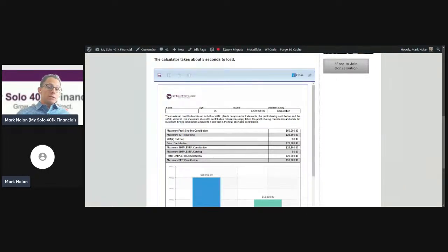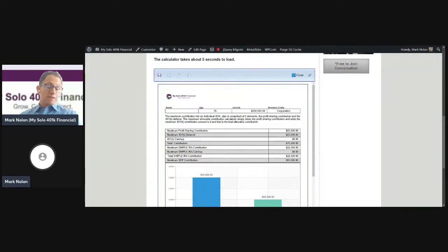Well, you can't contribute more than the allowed contribution amount for tax year 2025, which is $70,000. So even though this figure totals $73,500, you can only contribute a total of $70,000 in total contributions, both employee Roth solo 401k and employer Roth solo 401k combined.